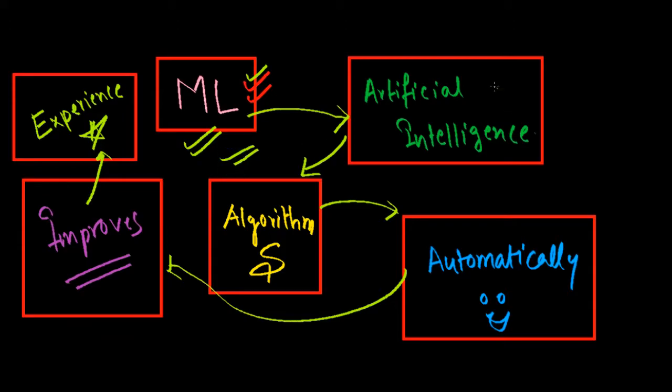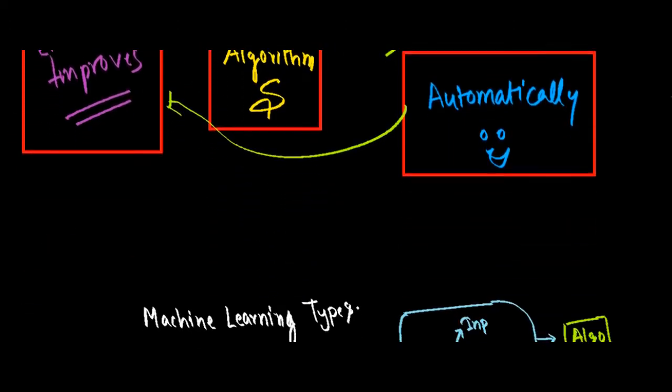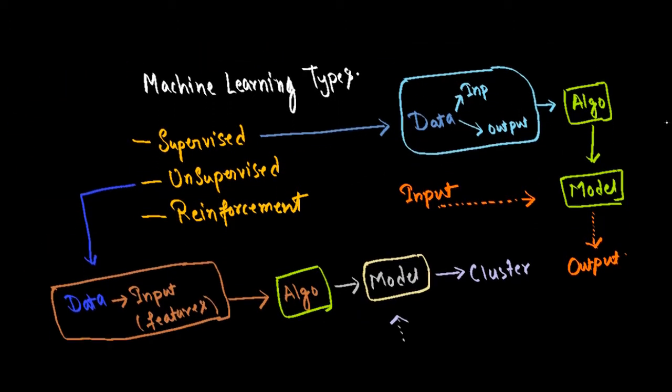Okay, then the next question that comes to mind is, what are the different types of machine learning? If you see, there are three different types of learning techniques available in the machine learning domain: supervised machine learning, unsupervised machine learning, and reinforcement learning.